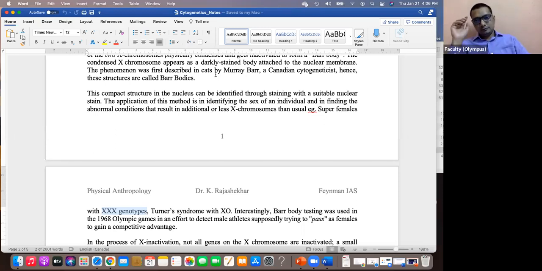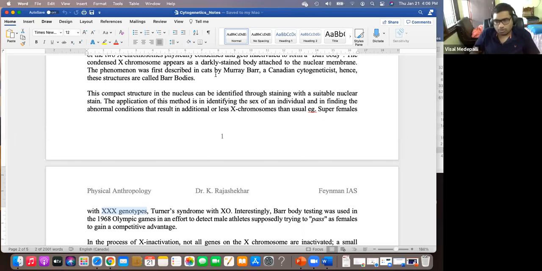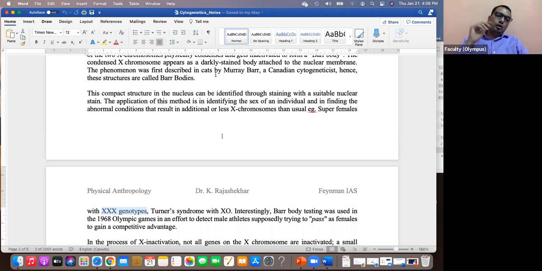Why do you think so? Because Turner's is due to lack of an X chromosome, and we need one activated for that female quality. So if the other is also inactivated, then there is no X chromosome. Exactly. So only the additional X chromosome gets inactivated. Turner's is a case where there is only one X. Only one X is present.